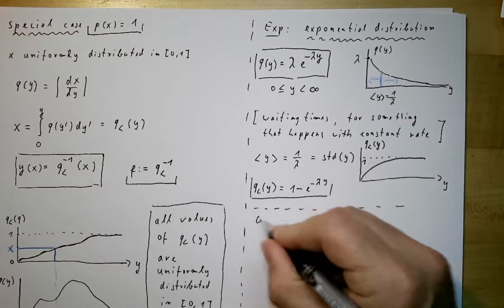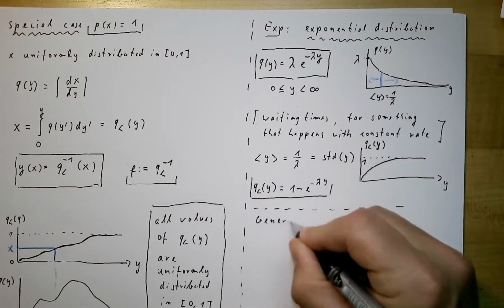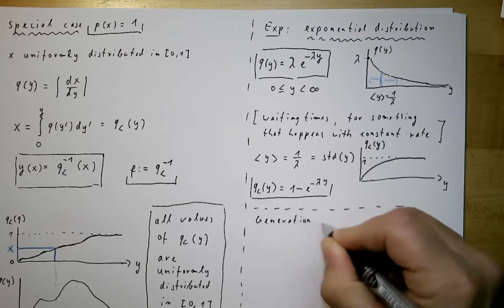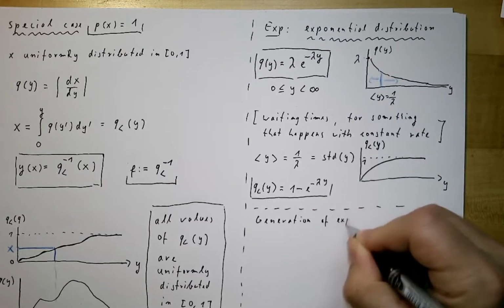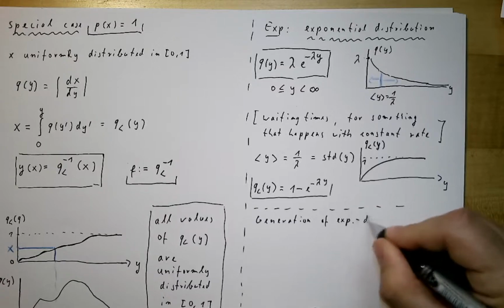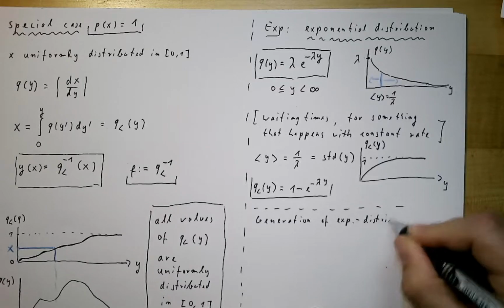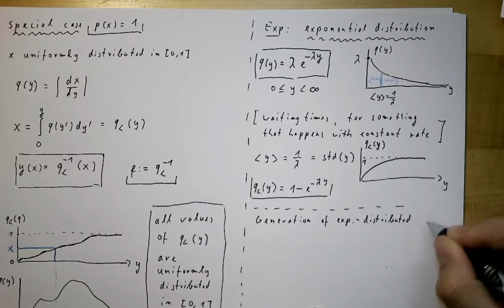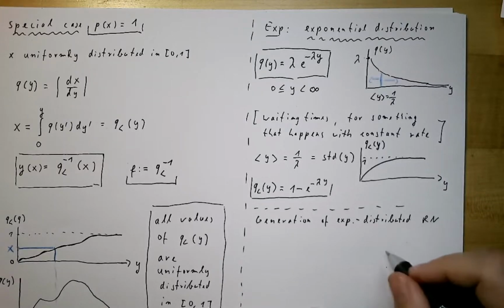So now we ask for the generation of exponentially distributed random numbers.